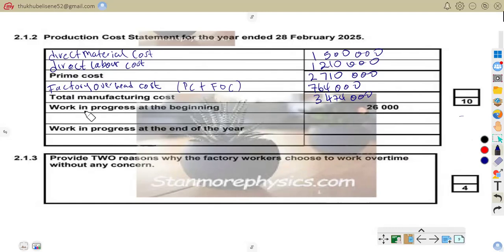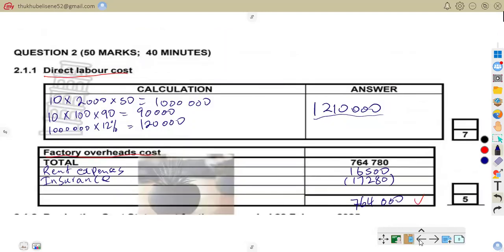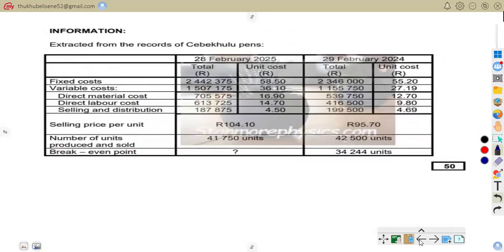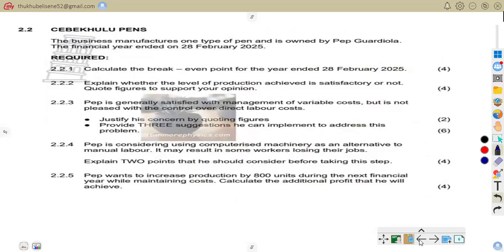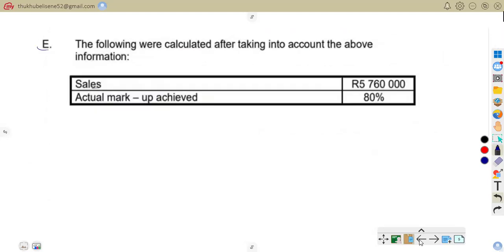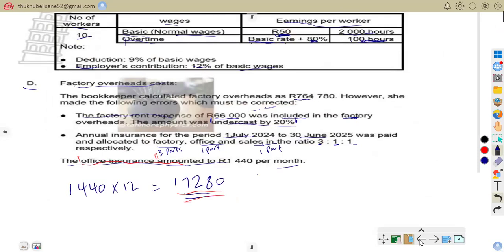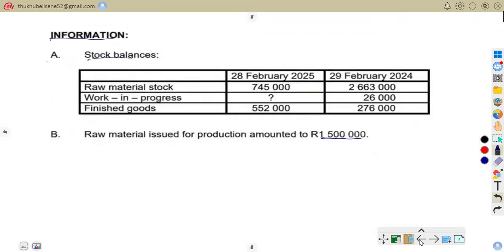So now we have work in progress at the beginning, which is given as 26,000. You can see it even in the information that is given, 26,000. This is the amount that we are talking about.